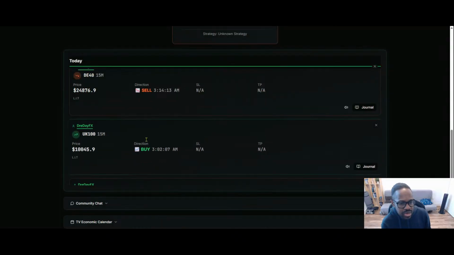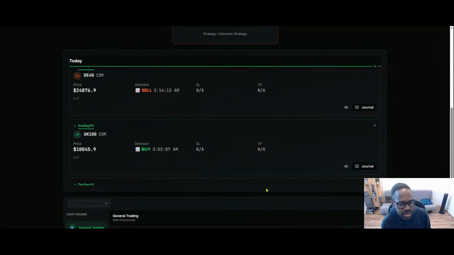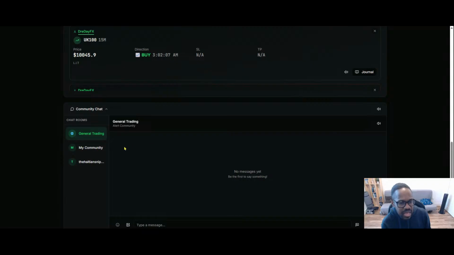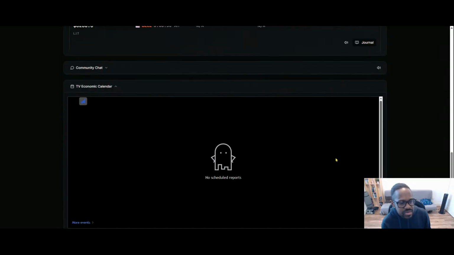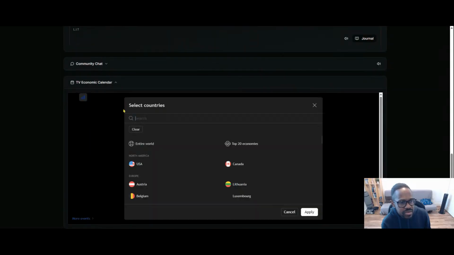At the bottom, you have the latest list of alerts, and the community chat. You have a general trading community, and if you have an alert set up on this app, you have your own private community here. Also at the bottom, you have the economic calendar.